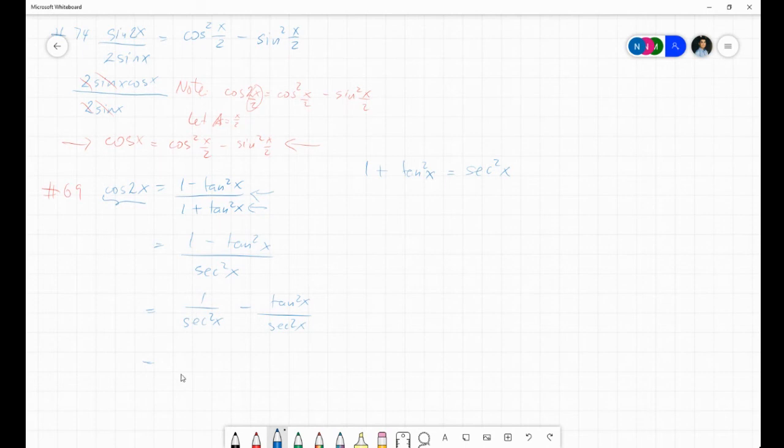So this here would be cosine squared. Tangent squared is sine over cosine, multiplied by the reciprocal of this, but secant equals 1 over cosine, and so we're dividing by 1 over cosine. So you can see here the cosine squared cancels. So we just have sine squared. But do you see that this is actually just the double angle identity for cosine? So there we go. That's it. Oh, thank you. You're welcome.